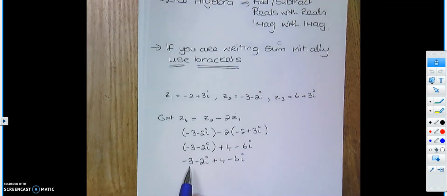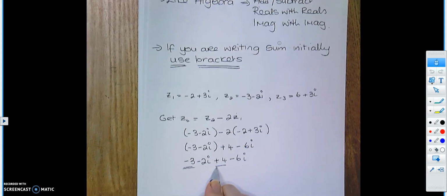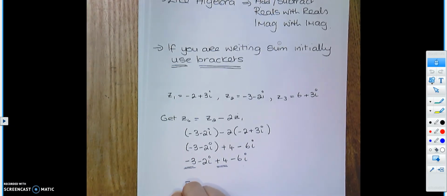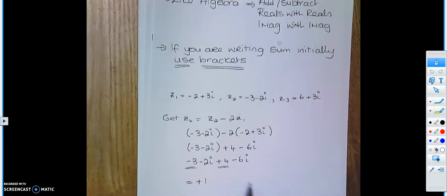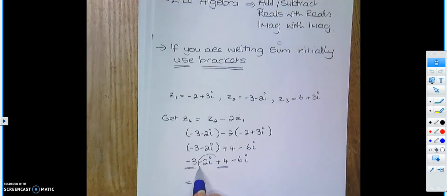In terms of your grouping, you've got real, imaginary, real, imaginary. So you're going to group the reals together. So we're going to have a minus 3 plus a 4. My 4 is bigger, so I'm going to keep the plus sign. So my answer will be plus 1. Then I have a minus 2i and a minus 6i.